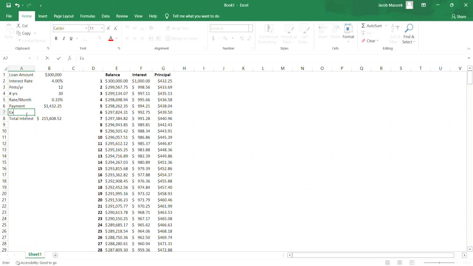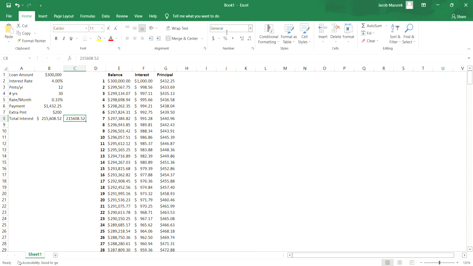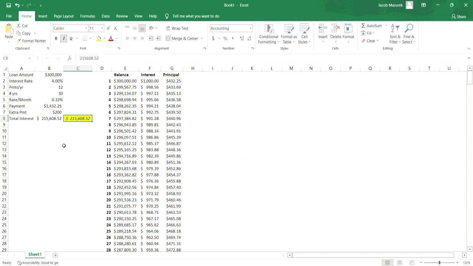Let's see, extra payment, so you got $200 extra. And we're going to write down here this number, 215,608.52, just so you can remember what it was. I'll make it yellow and give it an accounting format. I'm just leaving this here as a reference so that you can see what's going to happen.